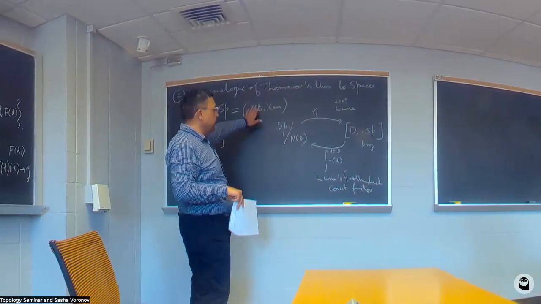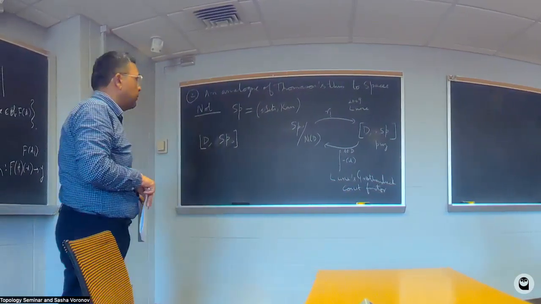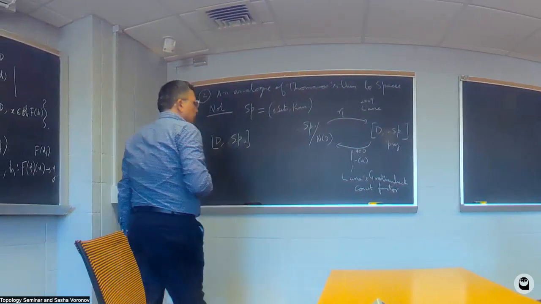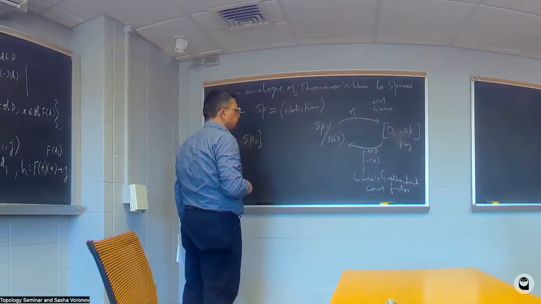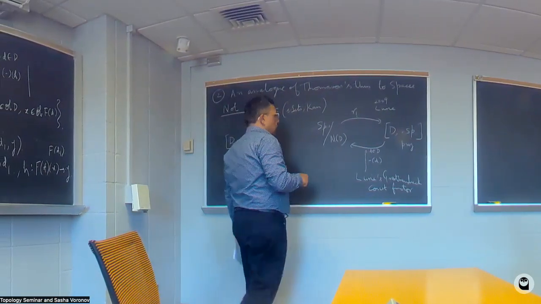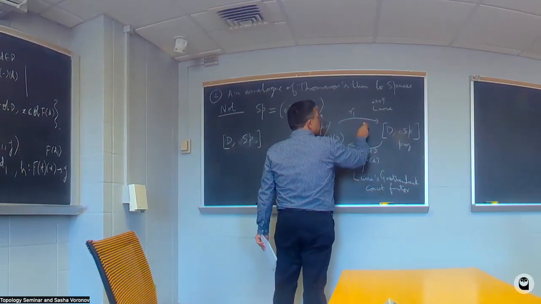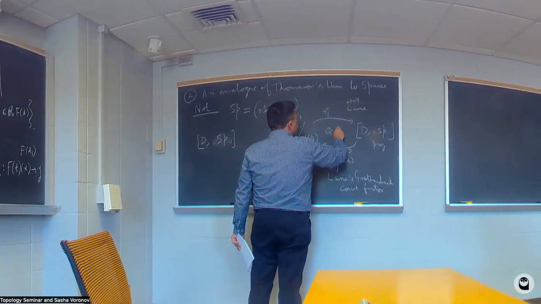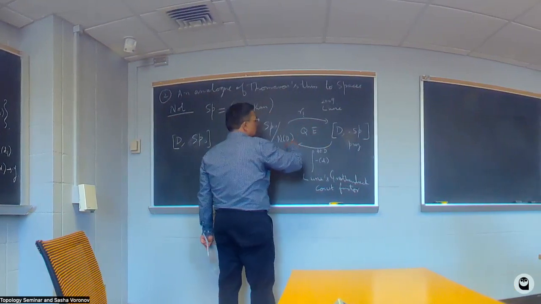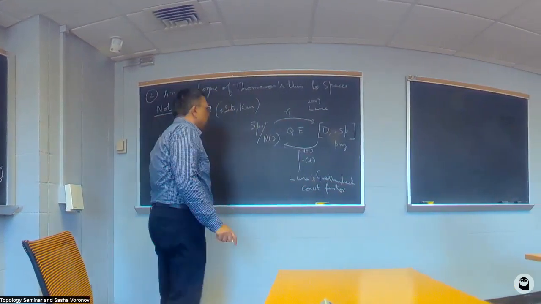SP is this model category of complexes. Now, Lurie showed that this is an equivalence. This is the right Quillen functor, and this is the left Quillen functor.